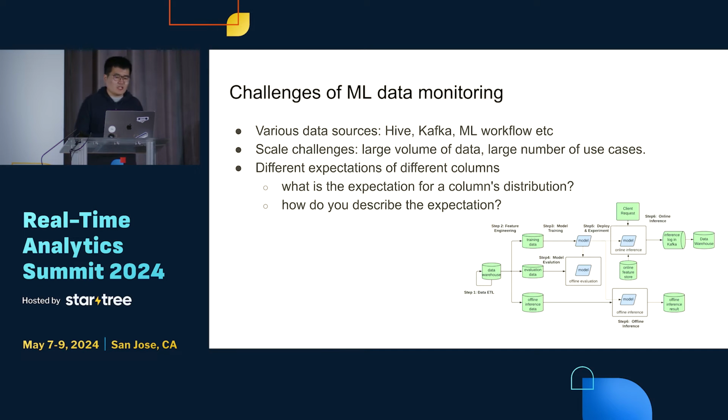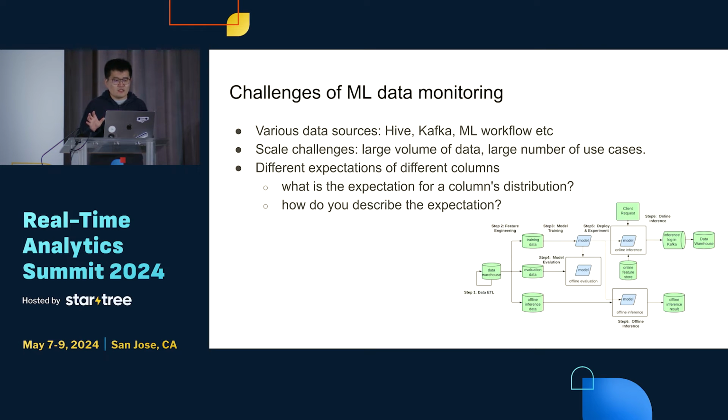To summarize the challenges here: first, we have many data sources. For example, at Uber, we have Hive for the training data, and we have Kafka. We also have a lot of informal data. It is never materialized in any place; I just join it on the fly and use it for training and evaluation. That data is not materialized, but it is very critical to my model performance.